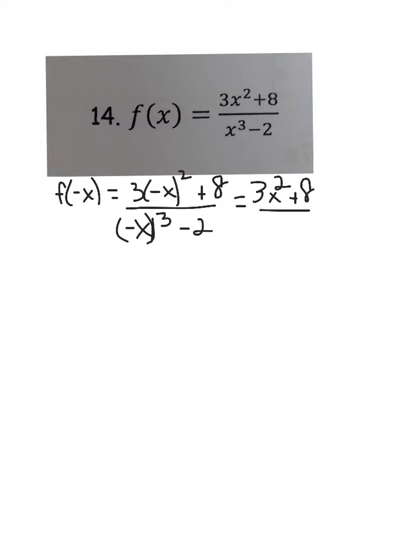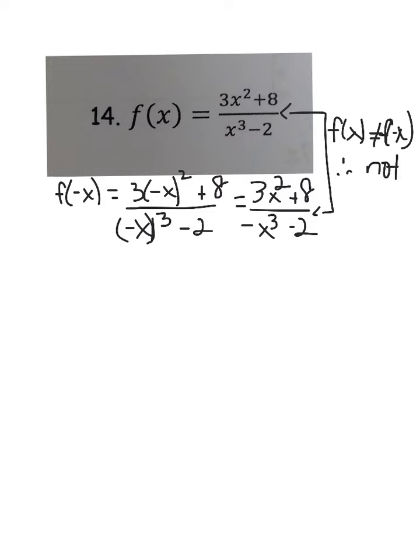And in the denominator, I have a negative x cubed minus 2. Okay, so let's look at these. Obviously, the denominators are not the same, right? So f of x does not equal f of, I'm trying to squeeze this in, I'm so sorry, negative x. Okay, so therefore, not even.